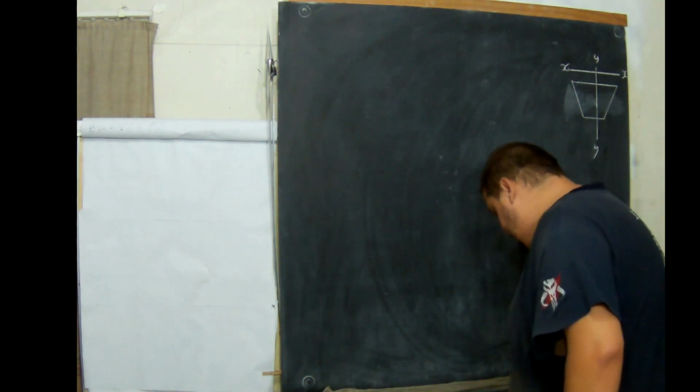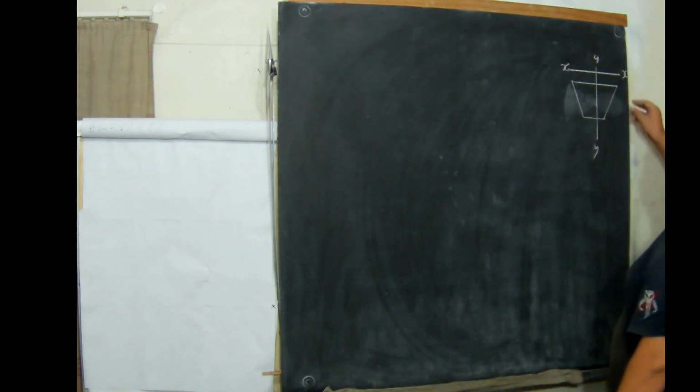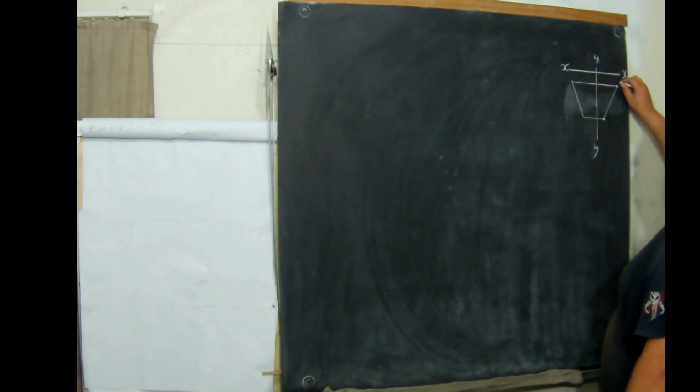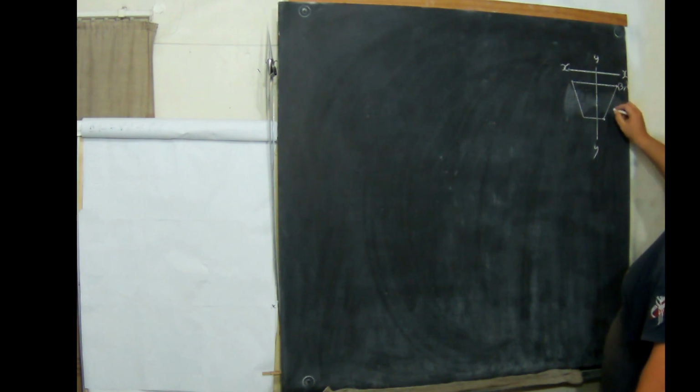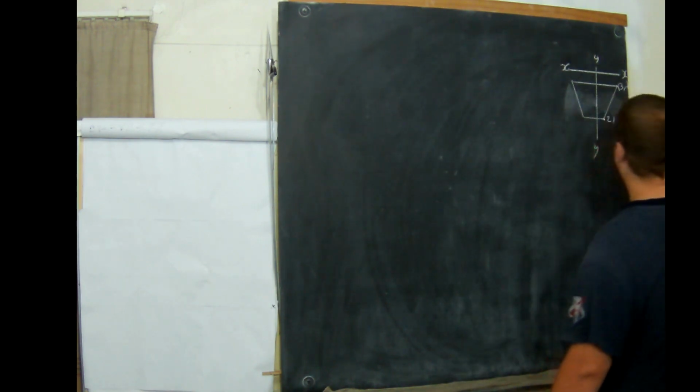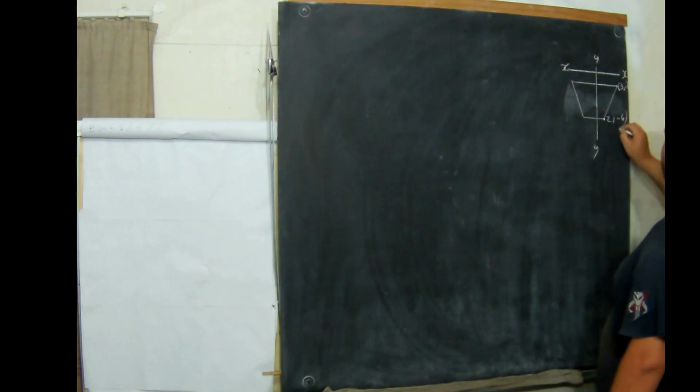So for this particular thing, your 2 points will be 3 and minus 1. And my point here will be 2 and minus 6.